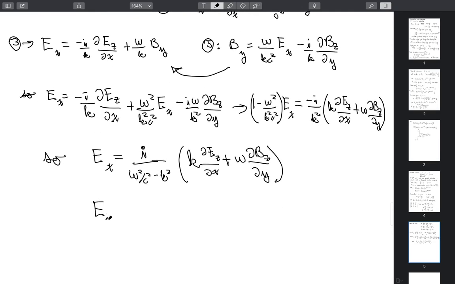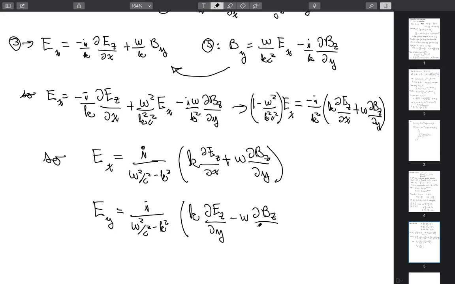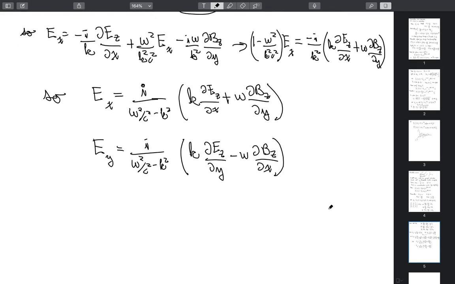I would also have that Ey is equal to i over omega squared over c squared minus k squared, and then k dEz/dy minus omega dBz/dx. So that's one set of equations. There are similar equations for Bx and By, but let me just focus on E for now for simplicity.